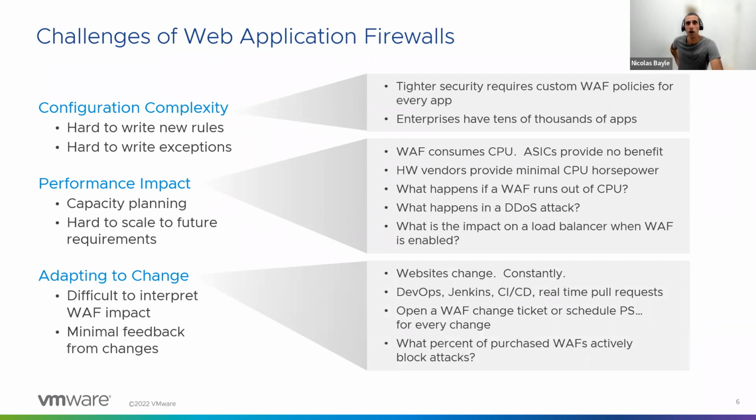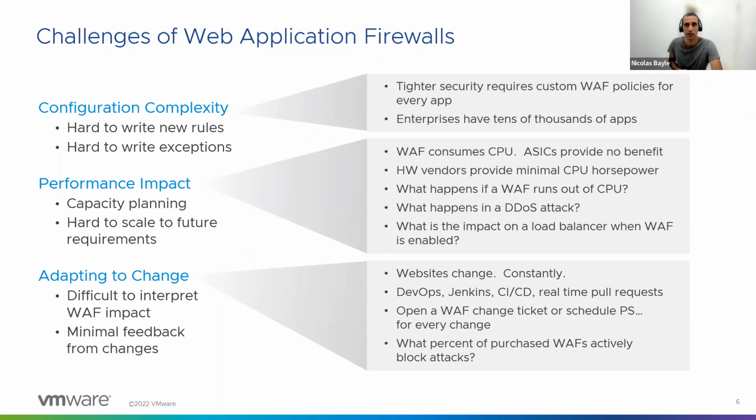Basically, applications are always changing, right? So how can you cope with those changes? Do you think you will need to update your WAF policy as soon as the application has been updated? Well, it is complicated to do that manually again.